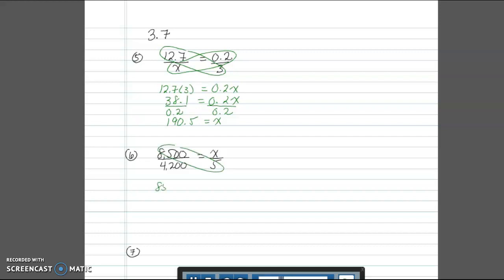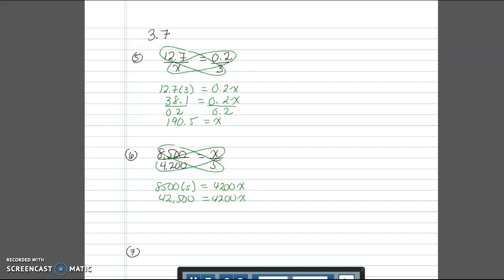For number 6, again, it's set up for us, so I'm finding the cross products. 8,500 times 5 equals 4,200 times x. I'll multiply on the left-hand side, and that gives me 42,500 equals 4,200x.